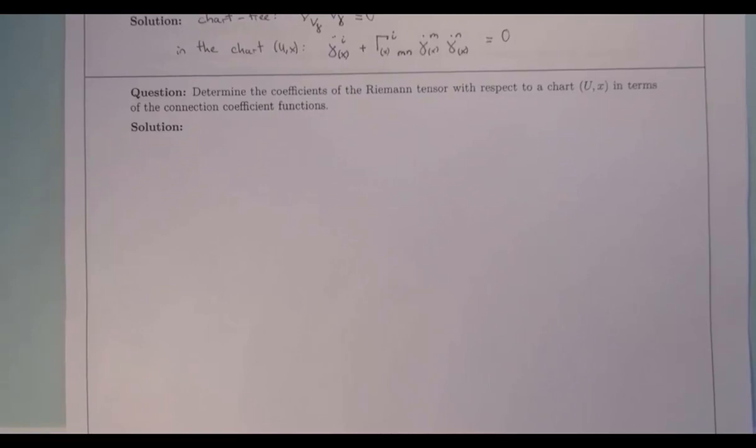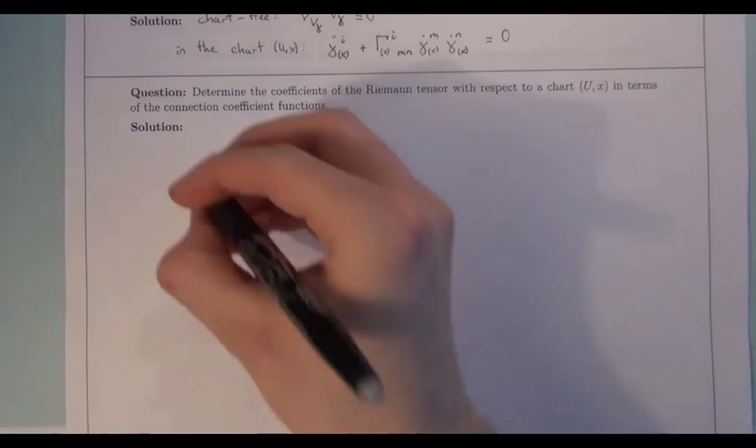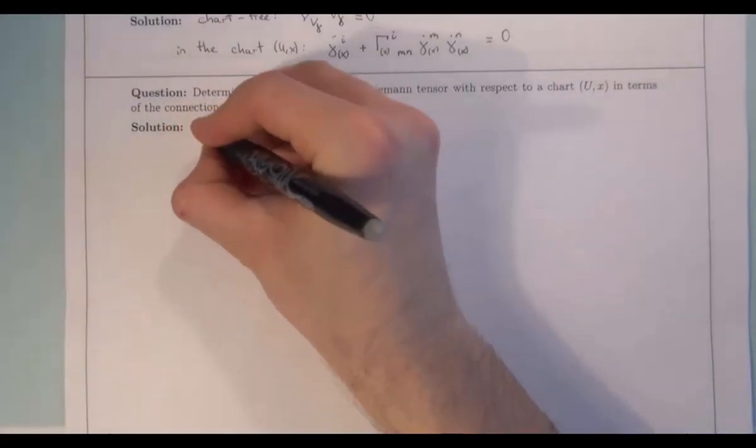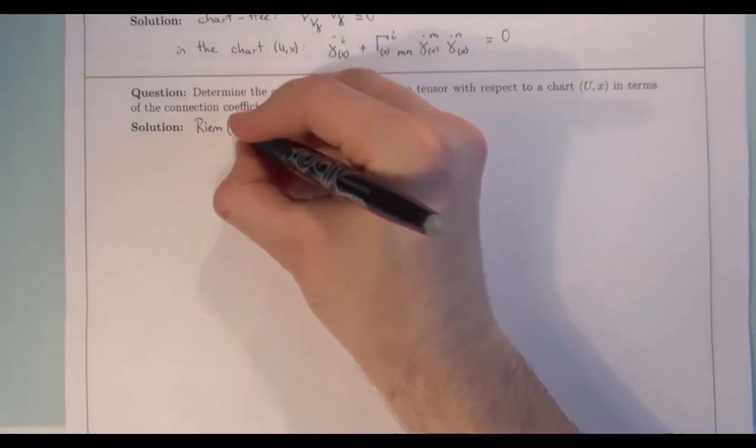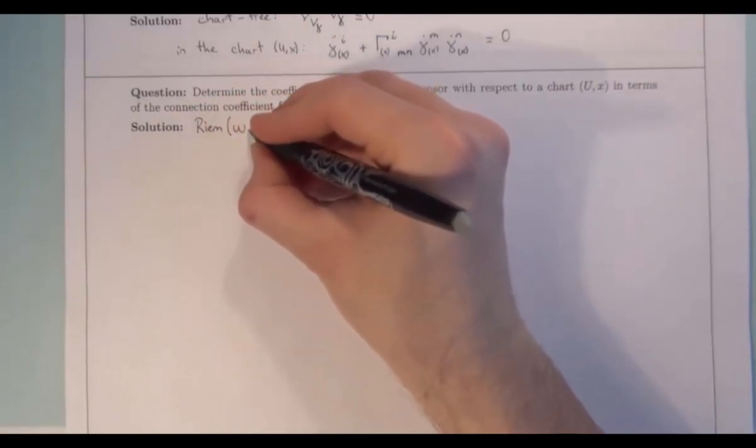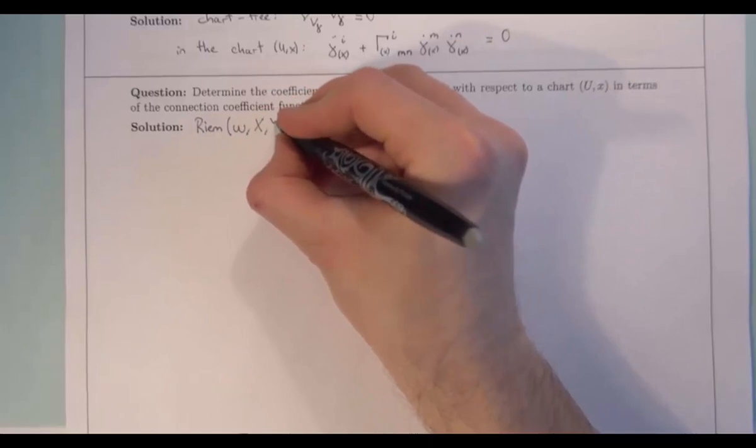The next question is to determine the coefficients of the Riemann tensor with respect to a chart x in terms of the connection coefficient functions. So we again write down the definition of Riemann curvature, which is Riem of omega, x, y, z.